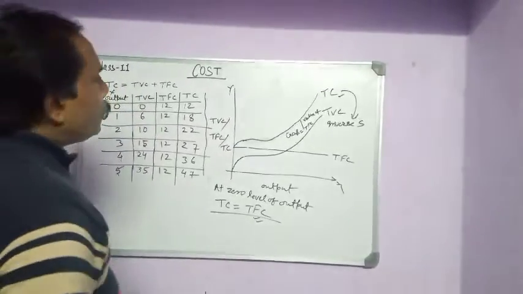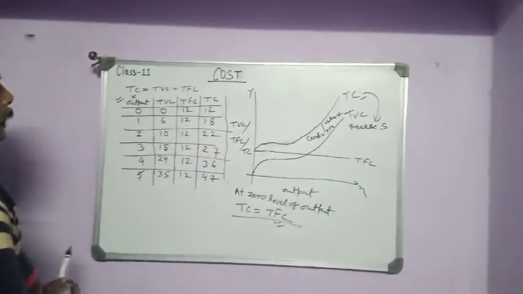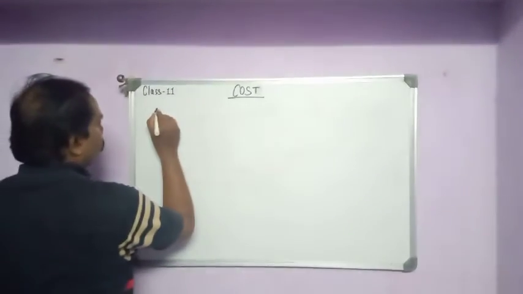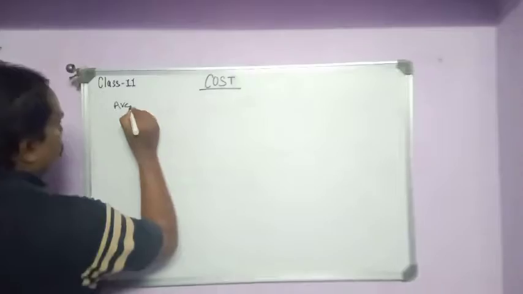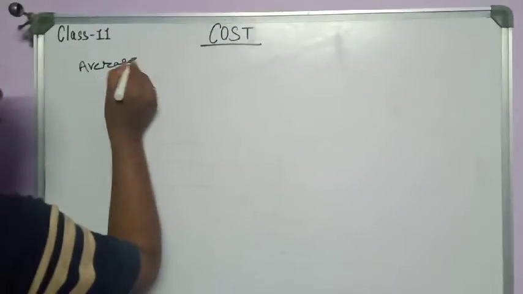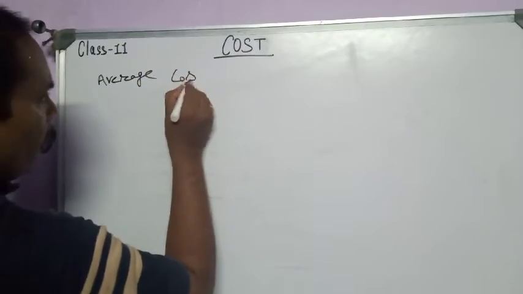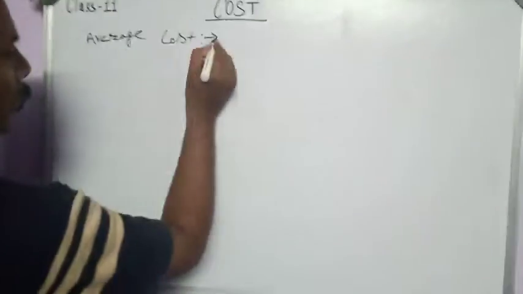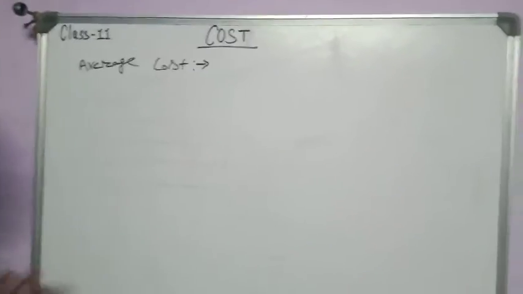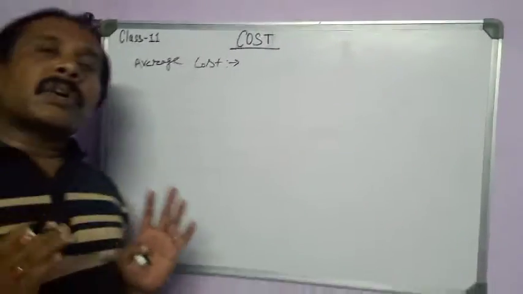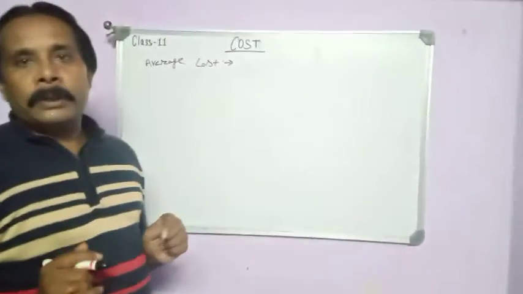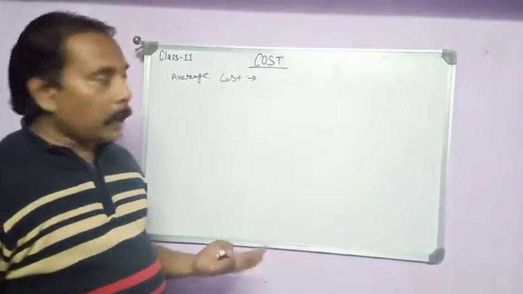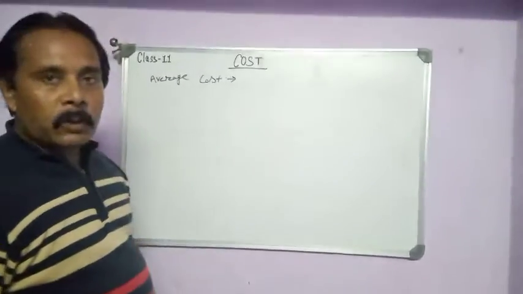Clear? Now come to the next topic, that is the average cost. Clear? So what is average cost? Average means what is the cost of one unit, if a producer produces, and that is known as the average cost.